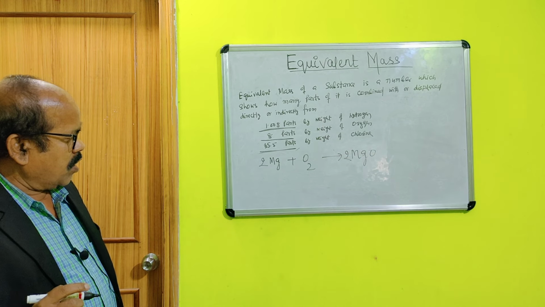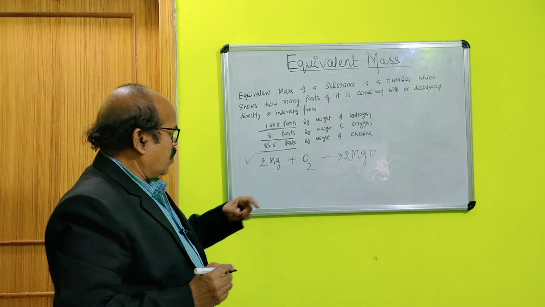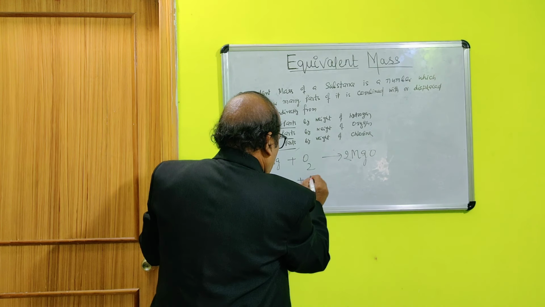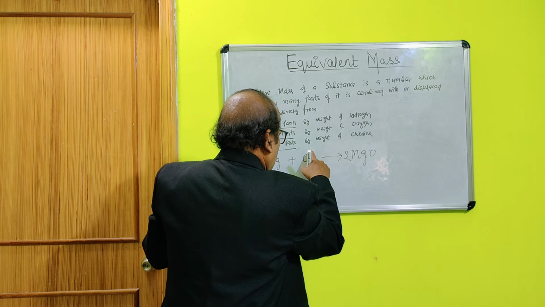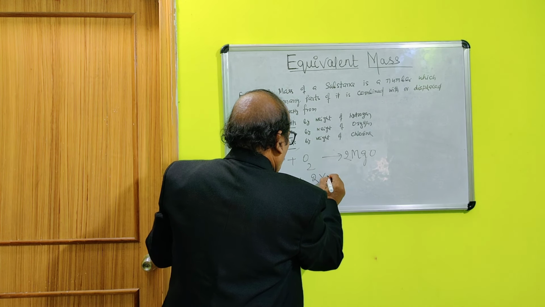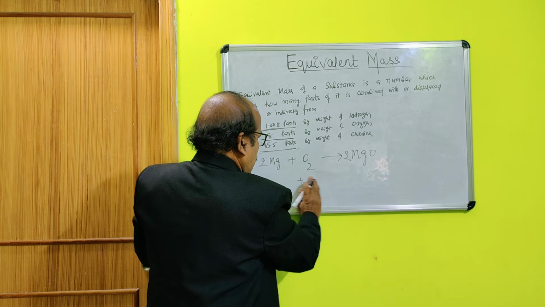Let me find out the equivalent mass of magnesium. I shall take the help of oxygen. So plus 2 into 8, or 2 into 16 is 32, I have written.